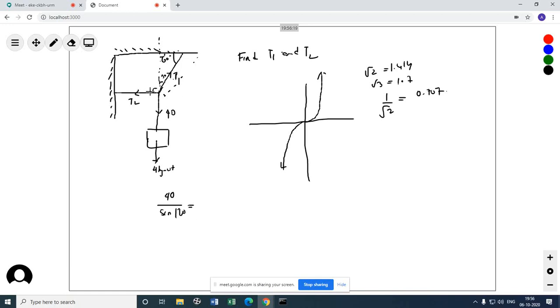And T2, how much is this angle? Again this is 60. 90 plus 60. Come on. T2 by sine 150. And then finally, what is it? T1 I have taken, T2 I have taken, and 40 by T1 by 90. Come on.